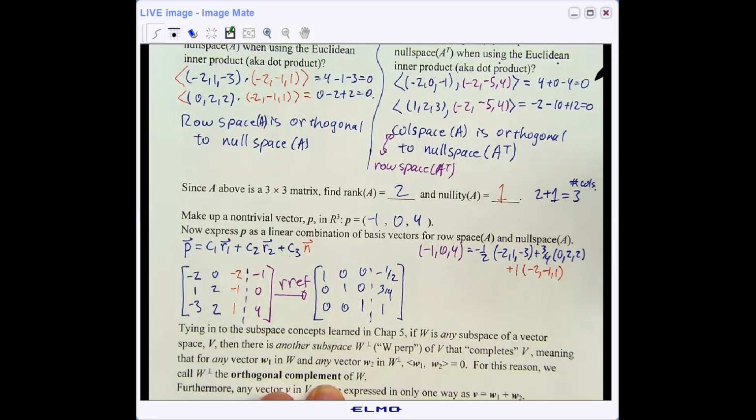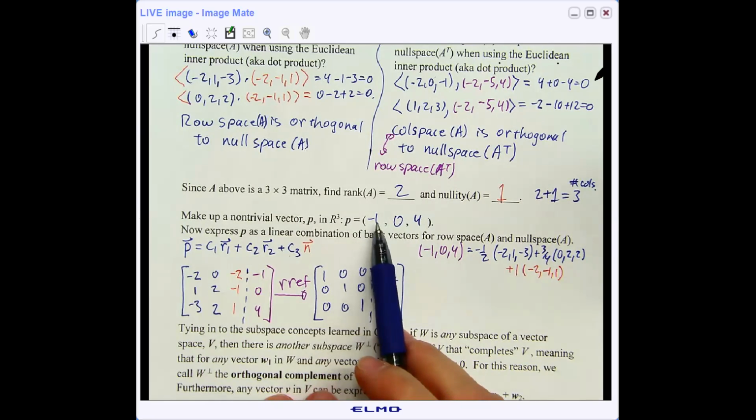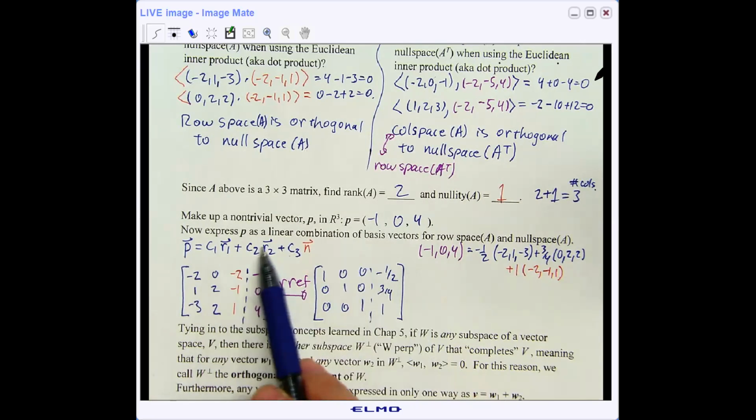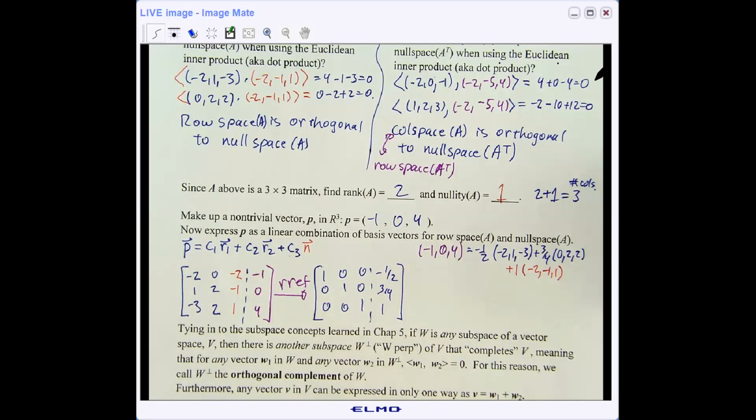And so that shows that I can make this P vector, which was randomly chosen in R3, using somebody from the row space plus the null space. And we can do that for any general vector.